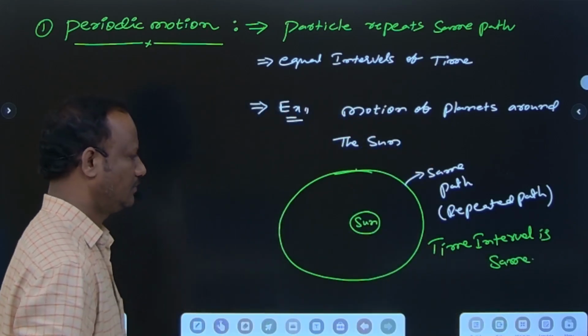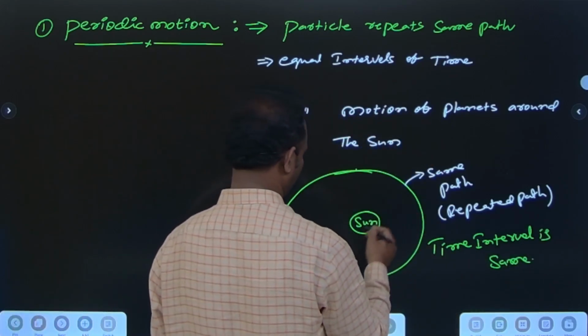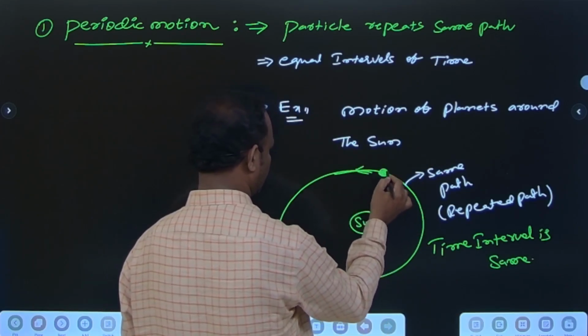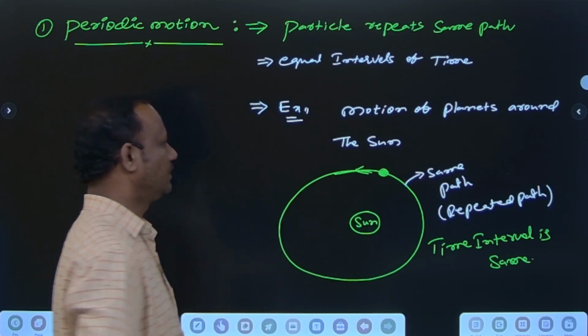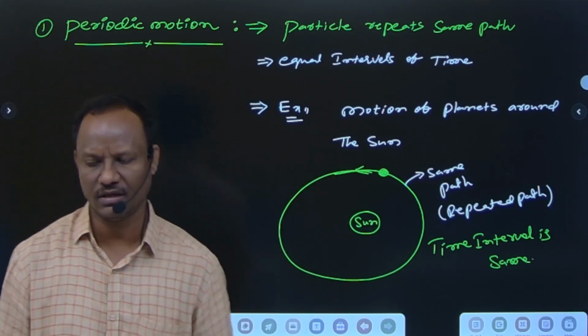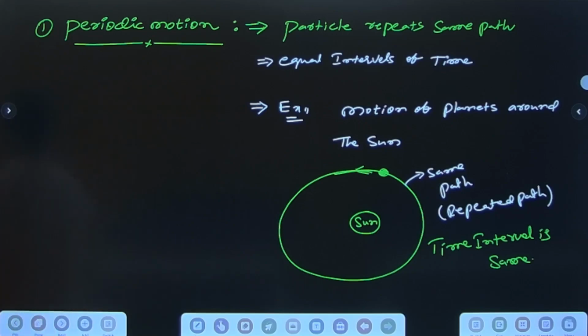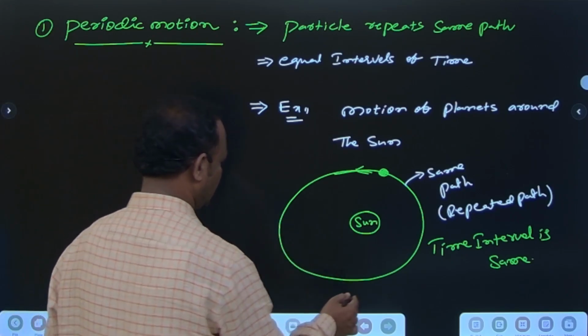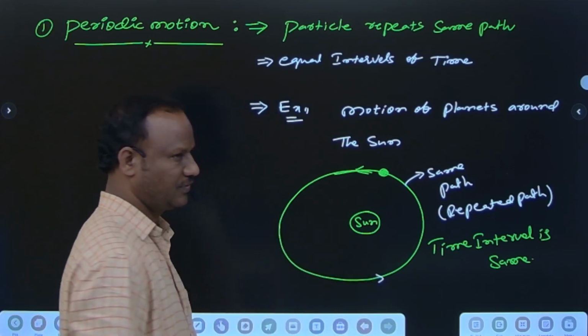In any planet's motion like this in equal intervals of time, this is called periodic motion. So in periodic motion, the particle has to move along the same path in equal intervals of time.